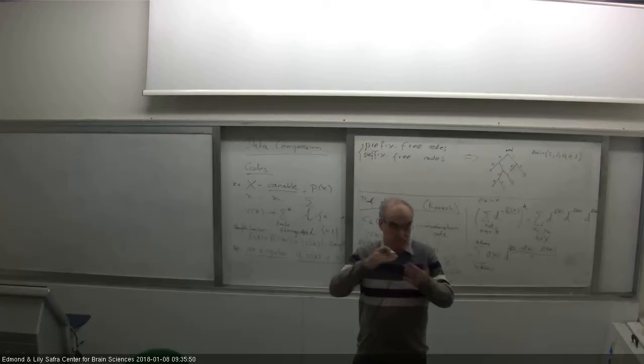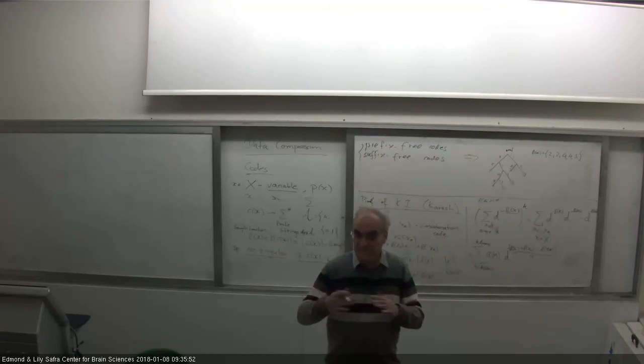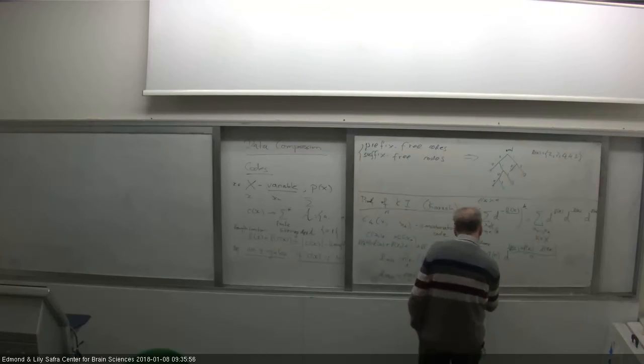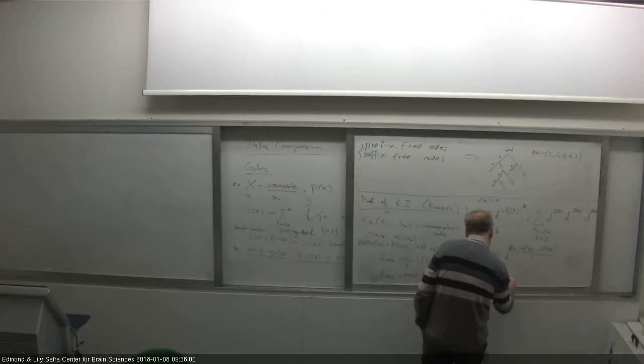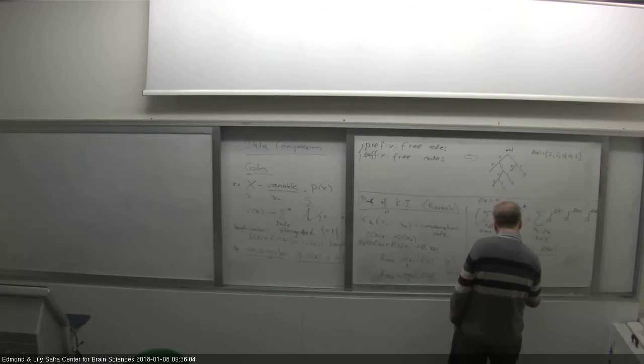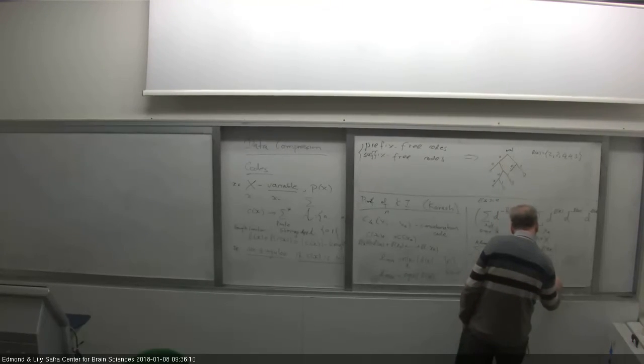But if the words are of different lengths, then some may appear and some may not appear. Okay. So what is A of n here? A of n is the number of terms in the sum with length n.